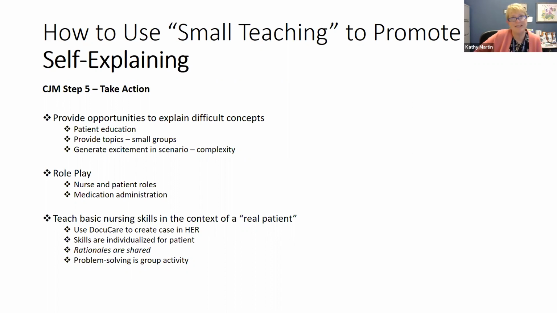What do I want to assess prior to engaging in patient education with my patient?